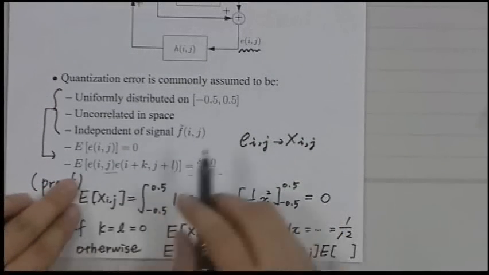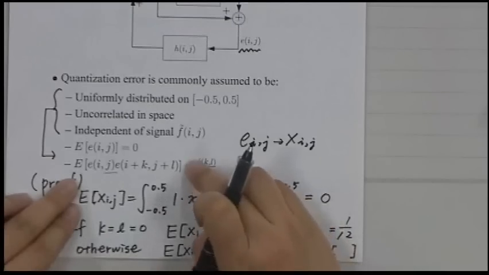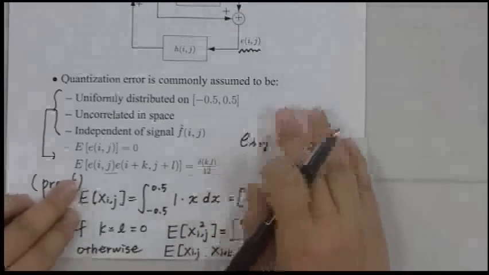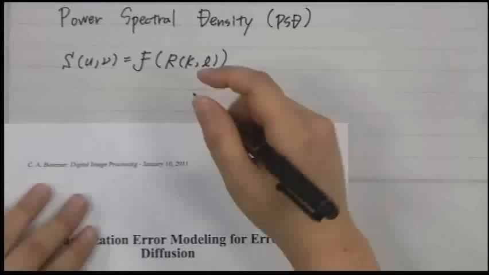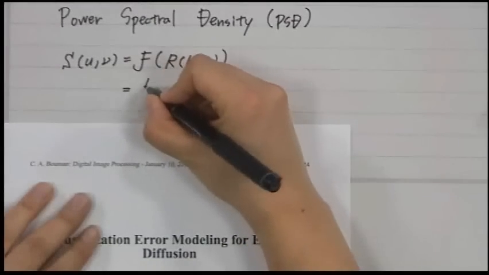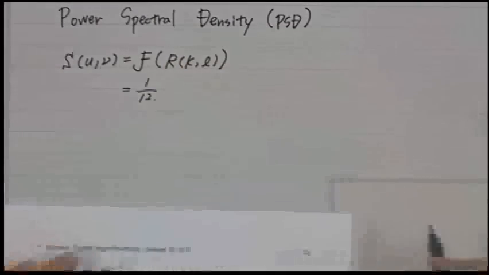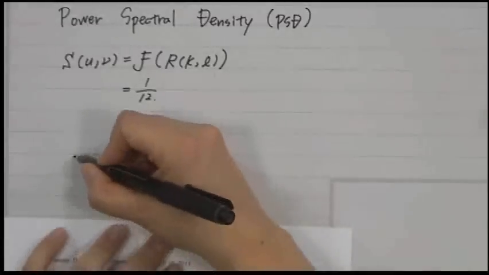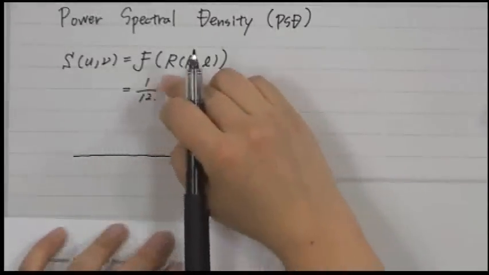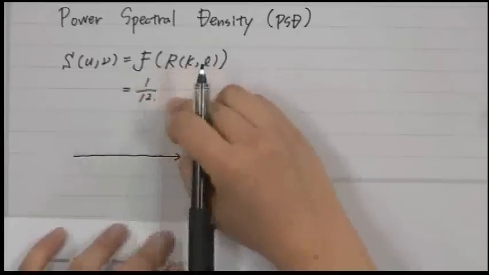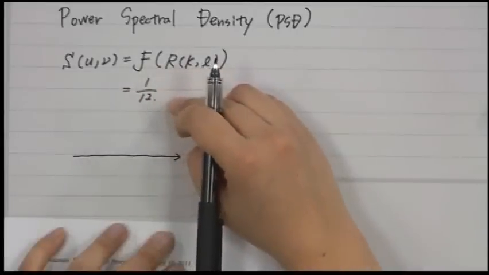This is the autocorrelation. So if we take the Fourier transform of a delta function, what's the Fourier transform of a delta function? Yeah, it's 1. So it becomes a constant. I draw the 1D case, but this means it takes a constant value over different frequencies.